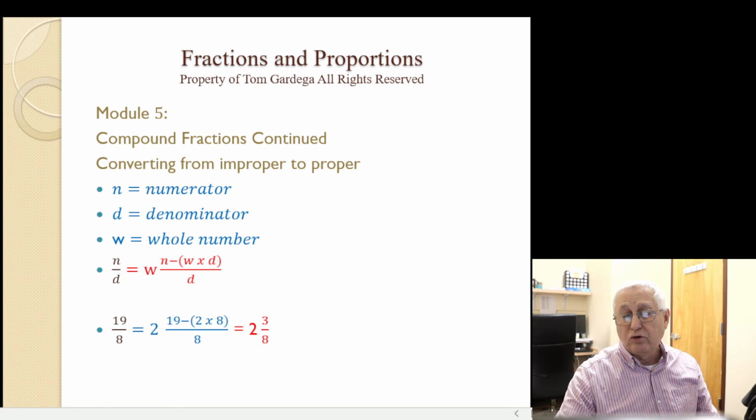N equals the numerator, D equals the denominator, W equals the whole. N over D equals W. This is where we're converting from an improper form back to a proper form.